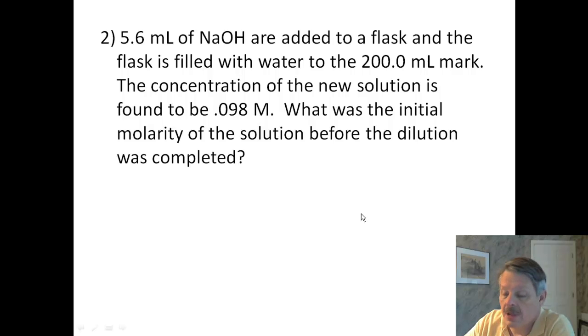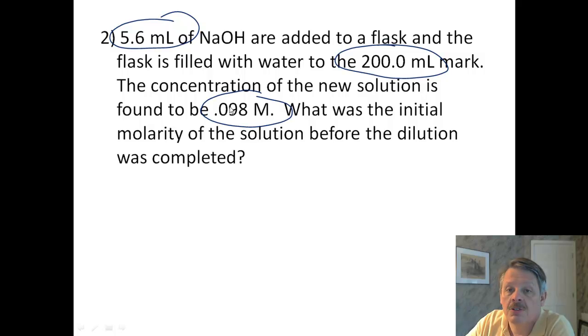All right, we now have 5.6 milliliters of sodium hydroxide, and it's going to become 200 milliliters, according to this. And our final concentration is 0.098, so these numbers go together. It's asking for initial molarity. So M1V1 equals M2V2. M1 is our unknown.